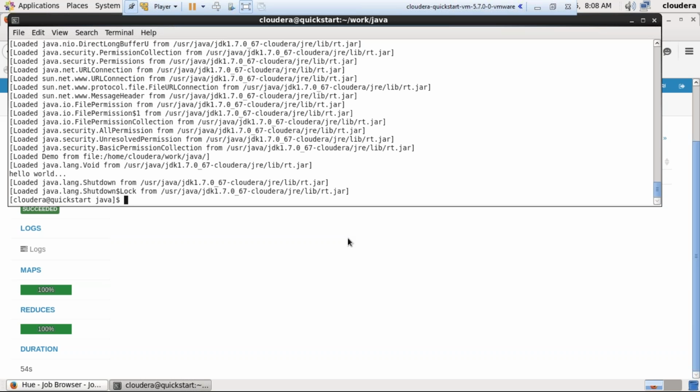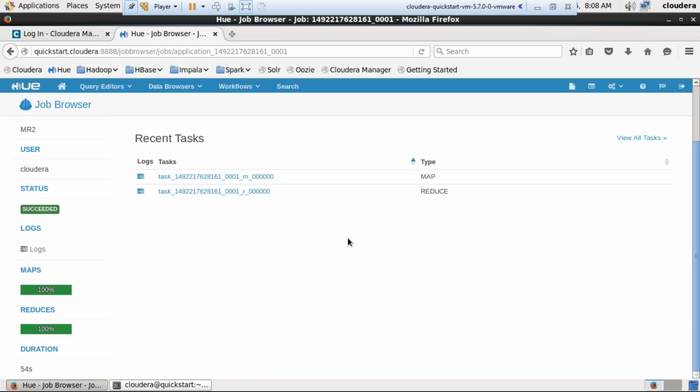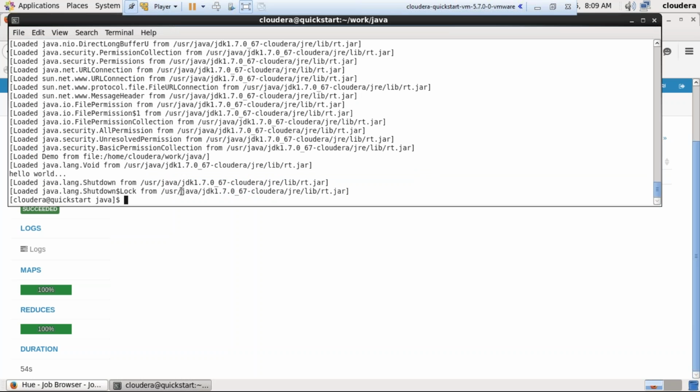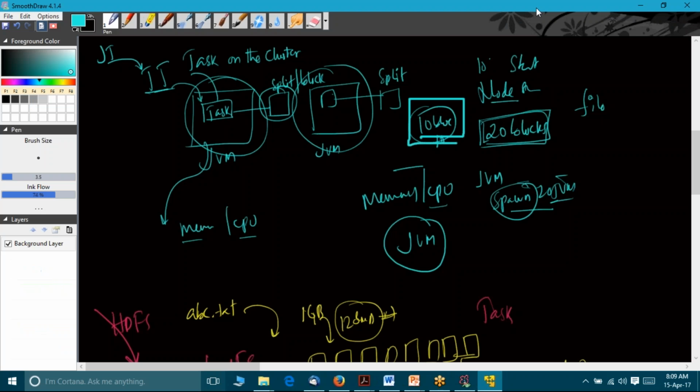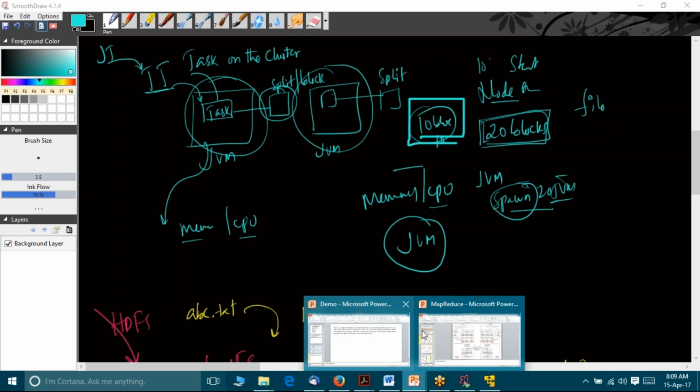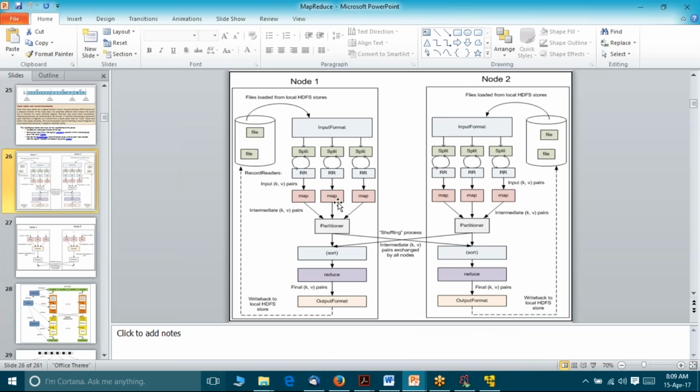Now tell me, if I just say there is an option called reuse JVM, enable it, then your performance increases, you never come to know why that is being done. That is the reason why I am compelled to discuss these aspects. Which aspects? The concept of your MapReduce, and what is the life cycle of the MapReduce, and why the concept of reusing the JVM arises in terms of the cluster.